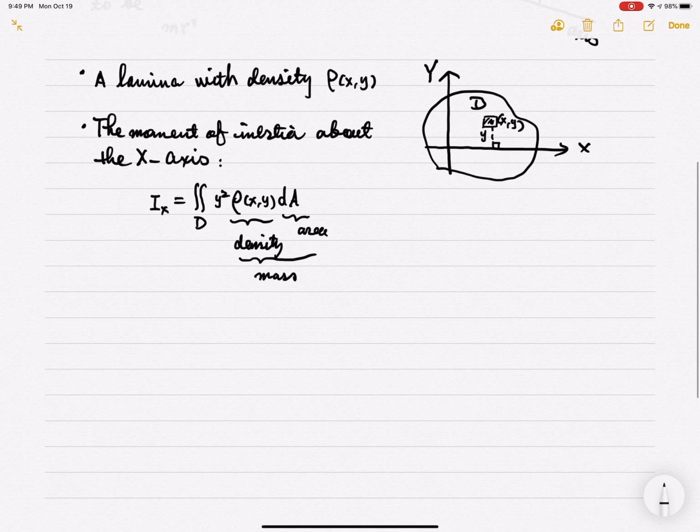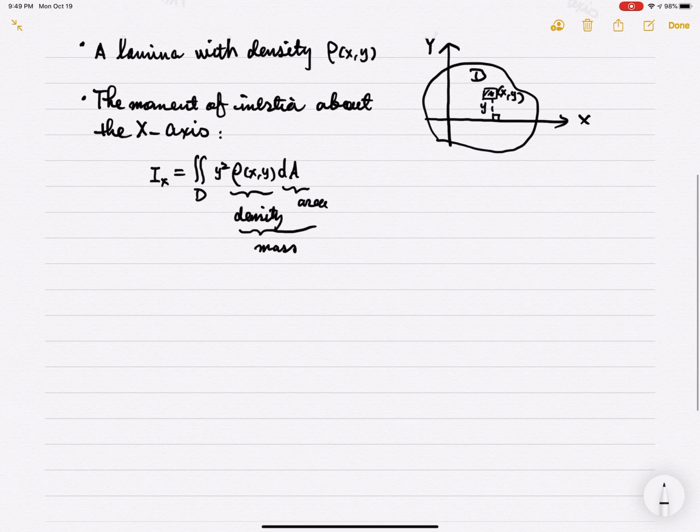From the math point of view, this is an application of the double integral. From the application point of view, this is in physics, so you need a more physical background to understand the meaning. At this point, we just focus on the math part.